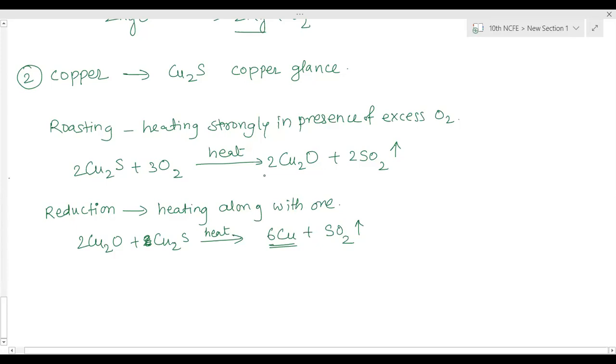Sulfur dioxide keeps moving out. So here any other material is not needed for reducing. The same ore is combining with that oxide, and both of them are releasing copper. Once the oxide is formed, that reaction keeps on happening.